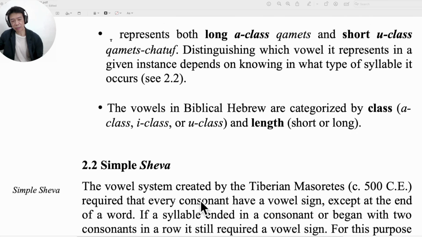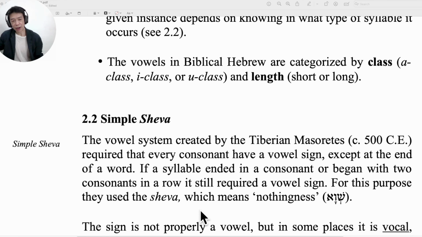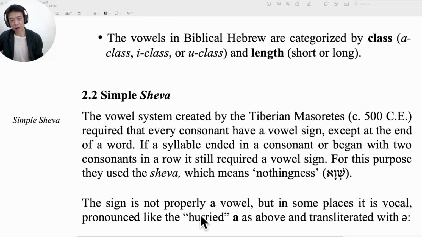Let's take a look at the simple Sheva. The vowel system created by the Tiberian Masoretes required that every consonant have a vowel sign except at the end of a word. If a syllable ended in a consonant or began with 2 consonants in a row, they still required a vowel sign.